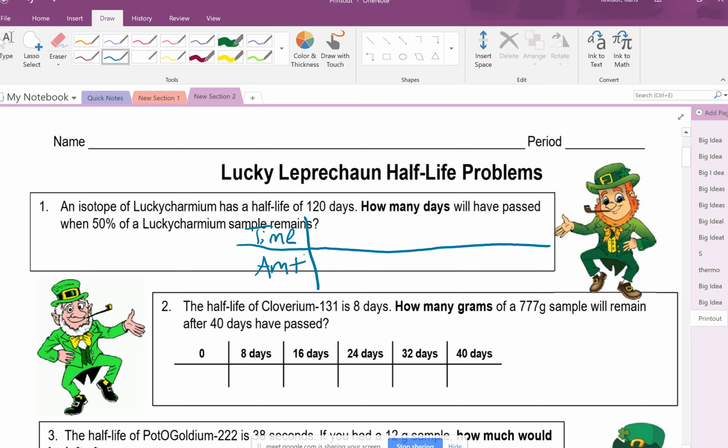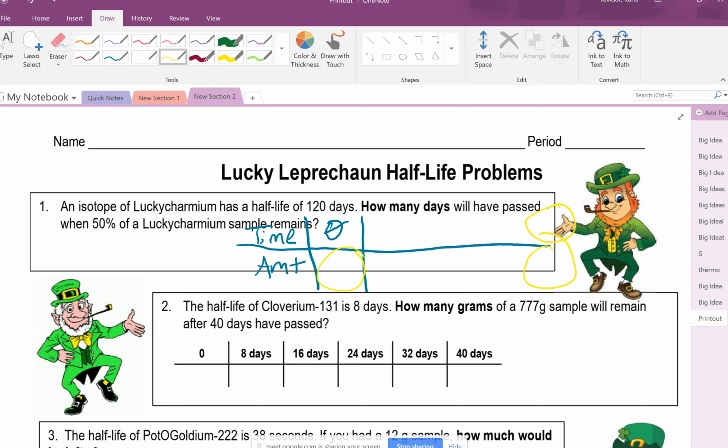Before you press the timer on the stopwatch, your start time is always 0. Then you read the problem. You'll be given two other pieces, the starting amount and the ending amount or ending time. With two pieces of information, you're going to find the third.